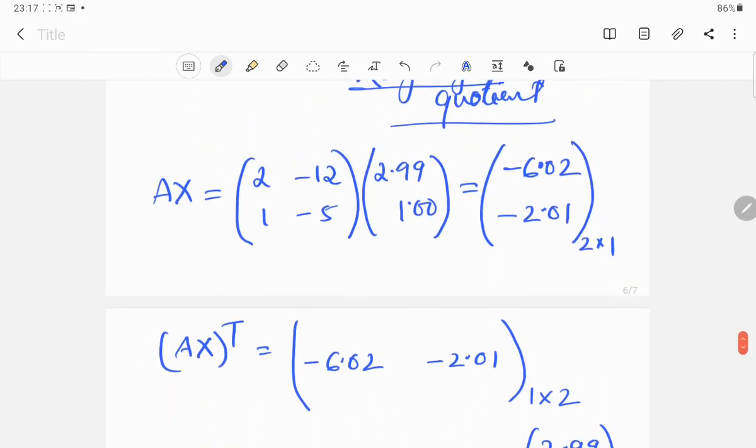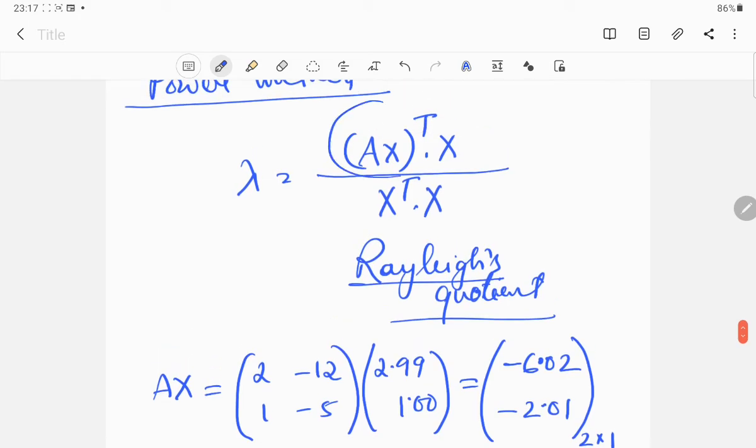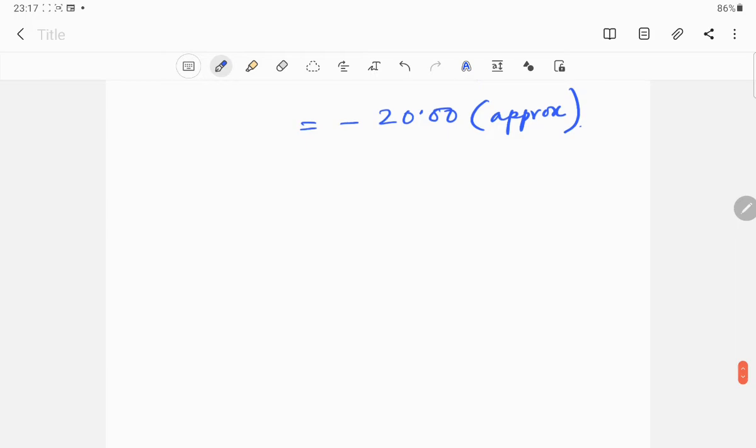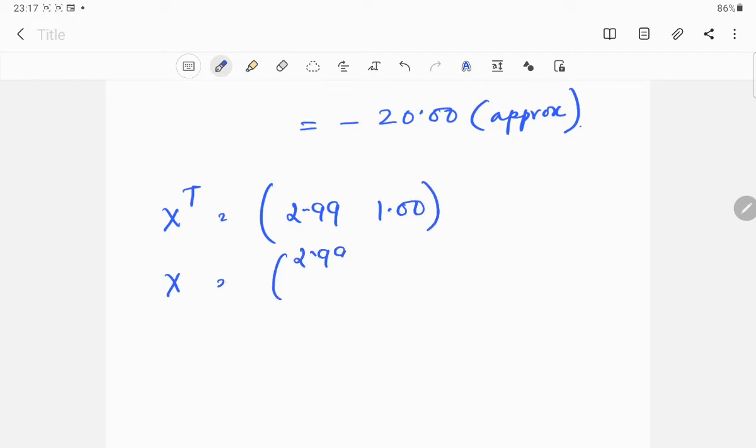For the formula we have got only this part, we need this part too. So x transpose means 2.99, 1.00 and x means 2.99, 1.00. This is 1 by 2 and this is 2 by 1.